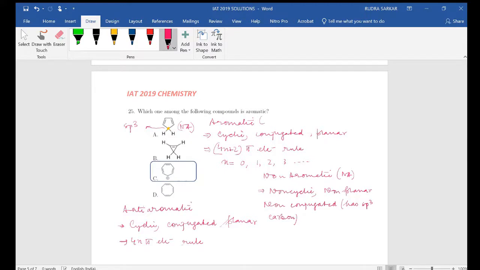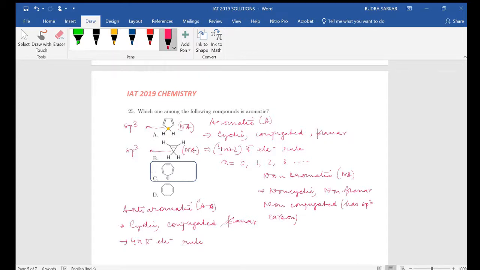Na means non-aromatic, A means aromatic, and AA we will use as anti-aromatic. Even this system, if you check this carbon, this is again sp3. So this we will again say it is non-aromatic.